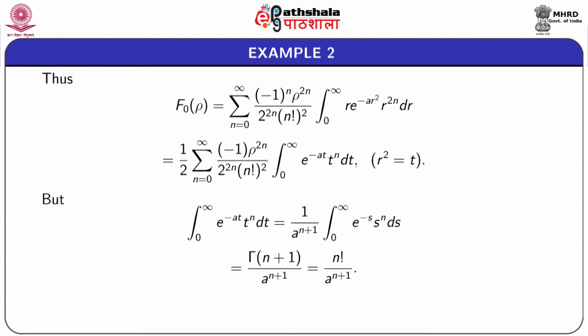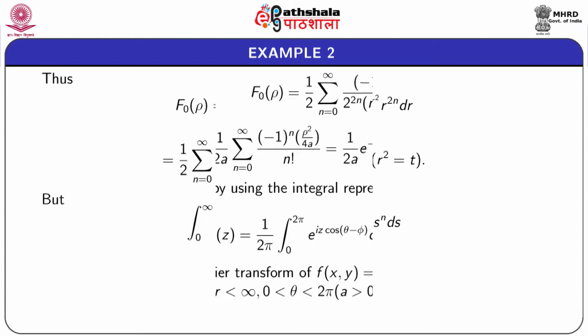can be simplified to write it in terms of gamma function, that is this t integral is equal to gamma(n plus 1) by a to the power n plus 1, and that is equal to n factorial by a to the power n plus 1.